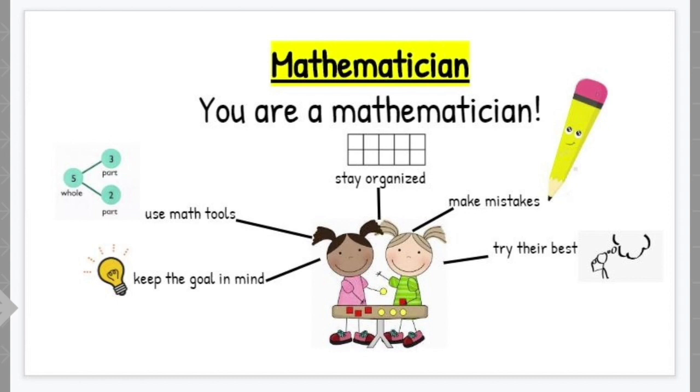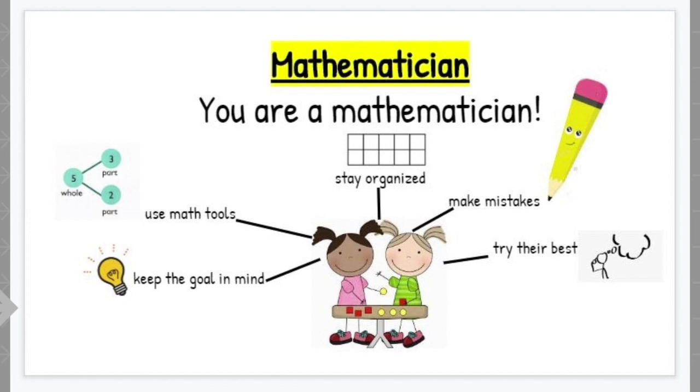In each lesson, we start by talking about what goal we are specifically working on. And use your math tools. Math tools are important because they help us stay organized. So some of the math tools that we've talked about in our video so far are the number bond and the 10 frame. You'll notice those are here on our mathematician poster.